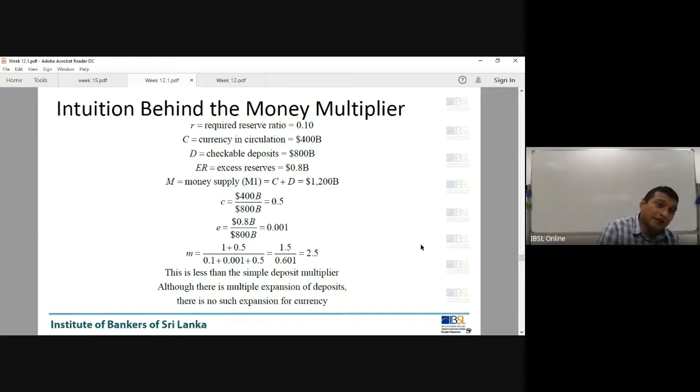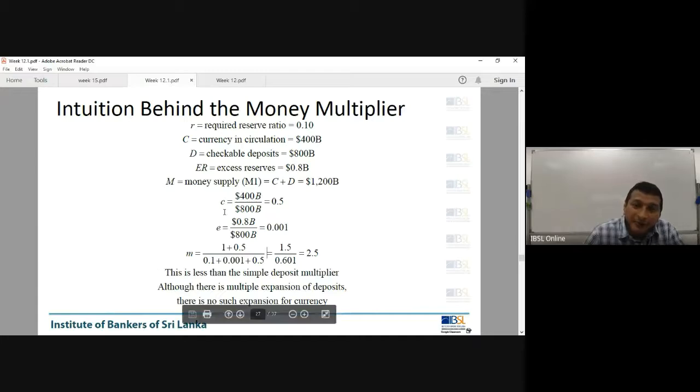But then from that also excess reserves are kept. So all of this slows down the expansion of the monetary base. And that's why the multiplier is smaller here than the simple deposit multiplier you looked at there.